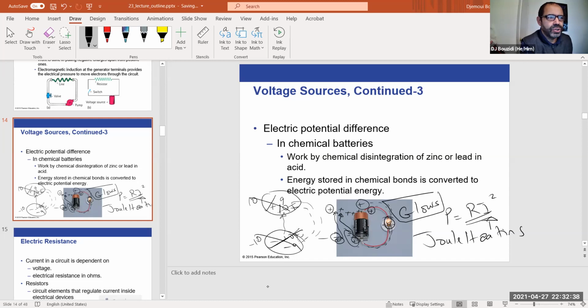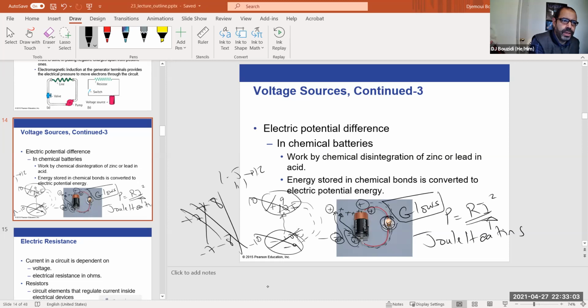The minute that voltage starts to drop, at some point there will be positive 8 and negative 8, and down the road the voltage drops from 1.5 to probably 1.2, and then positive 7 and negative 7 to 1.1, and at some point it becomes non-operational, even though there are some charges remaining in here and in there, but it's not going to push enough current to cause this glow. It's not going to push enough current to make the device work.